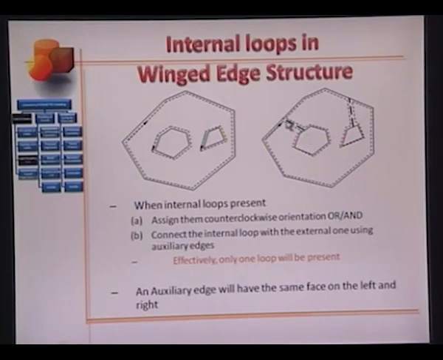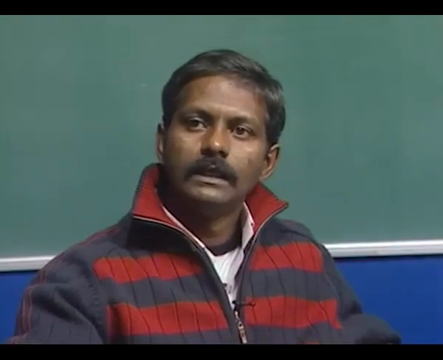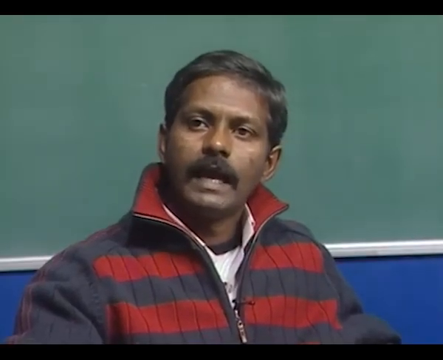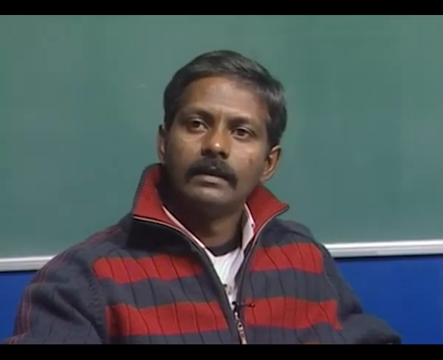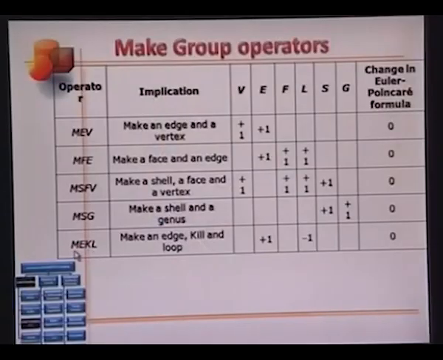We are trying to construct an edge or make an edge, and in the process kill this internal loop. Once again, we are trying to make an edge, and in the process we are trying to kill this internal loop. The operator MEKL is specifically designed for auxiliary edges.